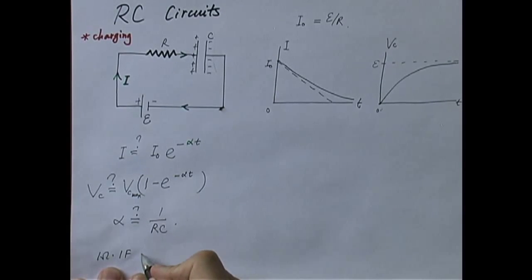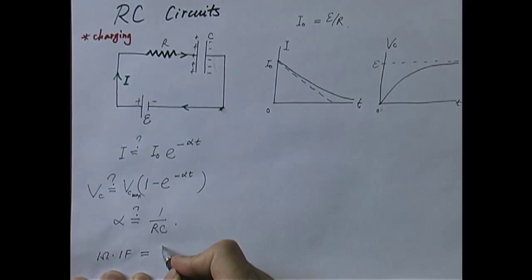Let's see if that is true. Let's manipulate this expression using equations that we already know. For example, ohm is volt per current, so 1 volt per amp. Amp is charge over second. What about farad?